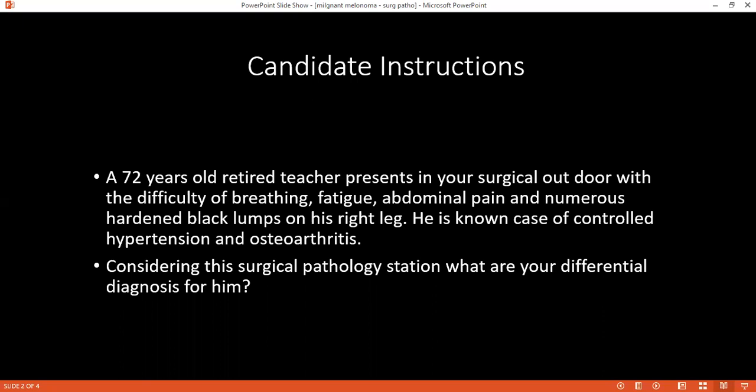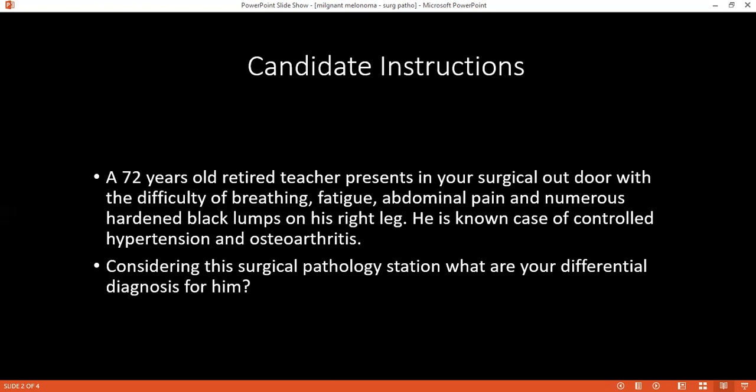What margins will you keep in mind once you are excising the malignant melanoma? We have the Breslow thickness and also Clark's level. Mainly for the excision, we go for the Breslow thickness, where we excise the safety margin according to the depth of invasion.